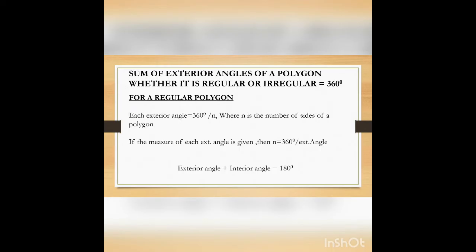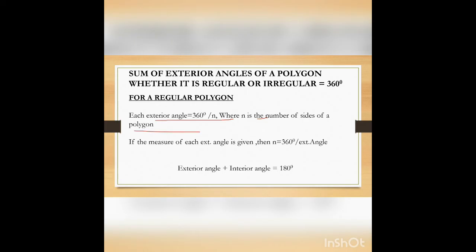In regular polygon, length of all the sides is the same, each interior angle measures the same, each exterior angle measures the same. So formula for each exterior angle is equal to 360 degree upon n, where n is the number of sides of a polygon.